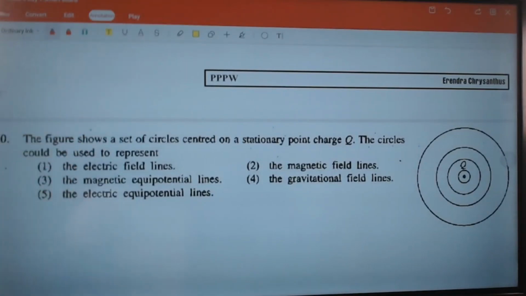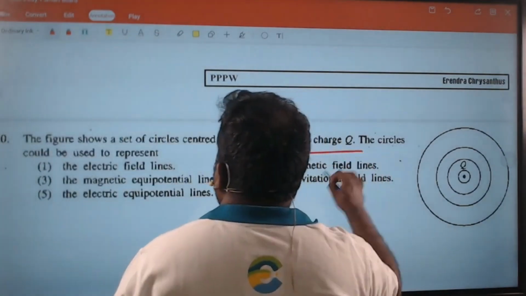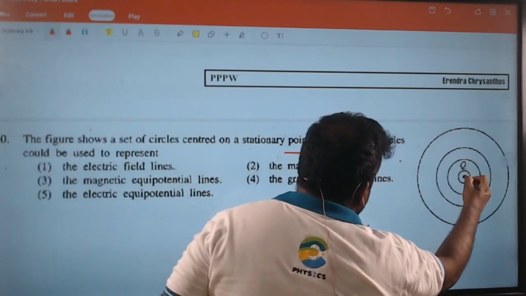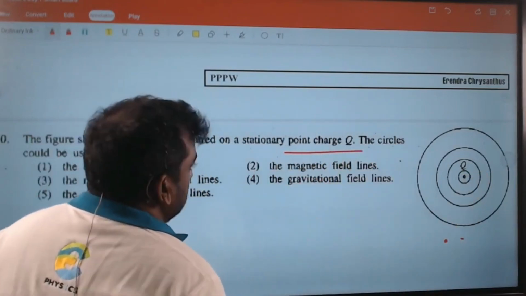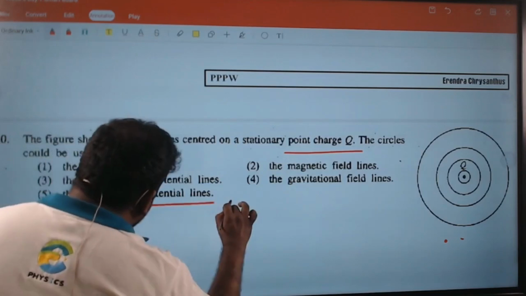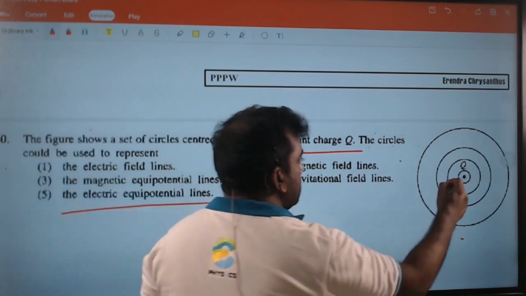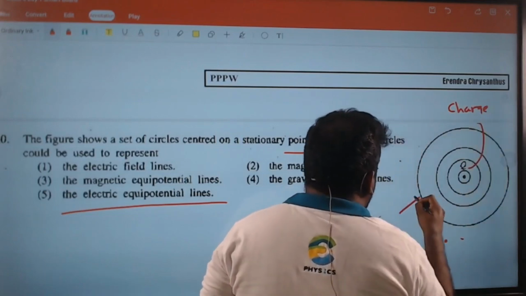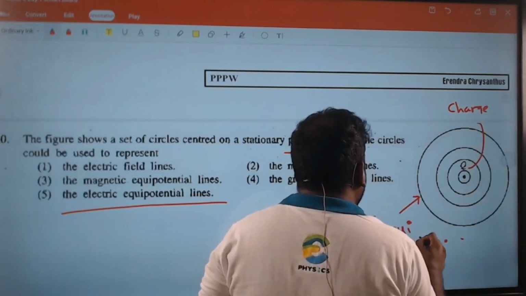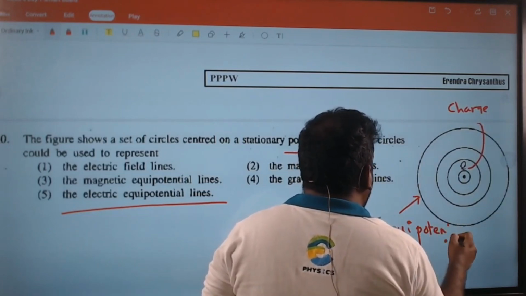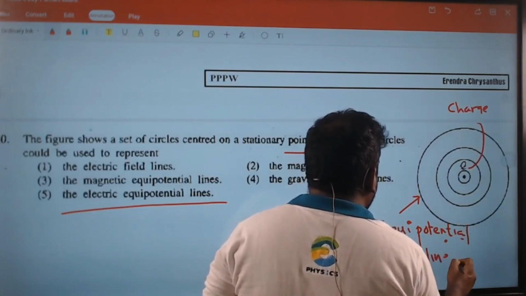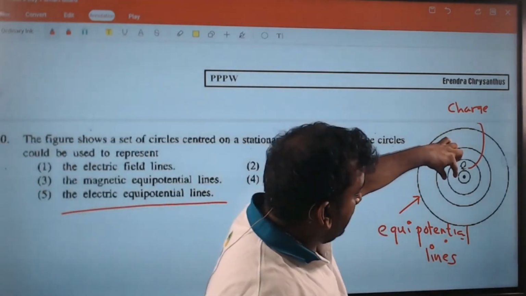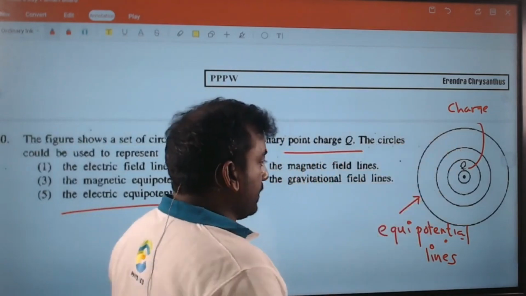Figure shows a set of circles around a stationary point charge Q. The circles are equipotential lines. You can see the gap between these lines increases. Why is that?